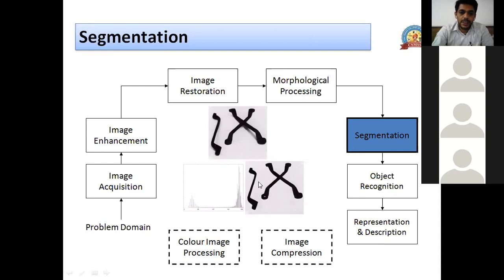In an image, if you want to identify an object, first you need to segment that object. Once you have segmented that object, you can look into the properties of that object and identify what object it is.